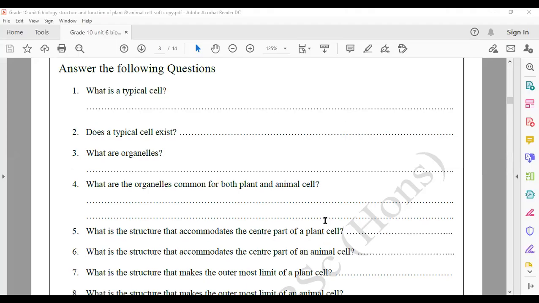Right. So once you go to this site, what is a typical cell? I will write here.